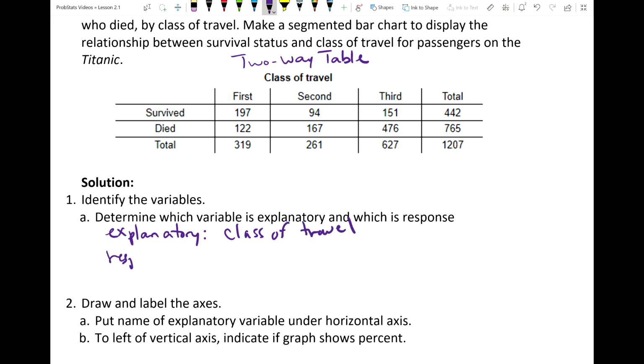And then the response variable is did they survive. We'll just say survival status, just to give it a name. Survival status, whether they survived or not.